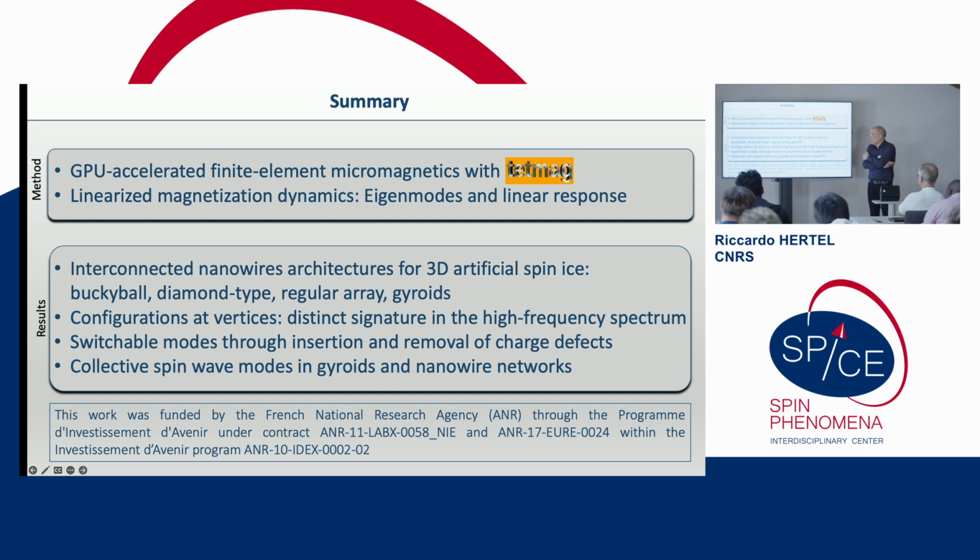We looked at interconnected nanowire architectures for three-dimensional artificial spin ice, and looked at buckyball diamond type structures, regular arrays and gyroids, and found that the configurations at vertices have a distinct signature in the high frequency spectrum. To some extent, it is switchable as we can introduce or remove such defects.